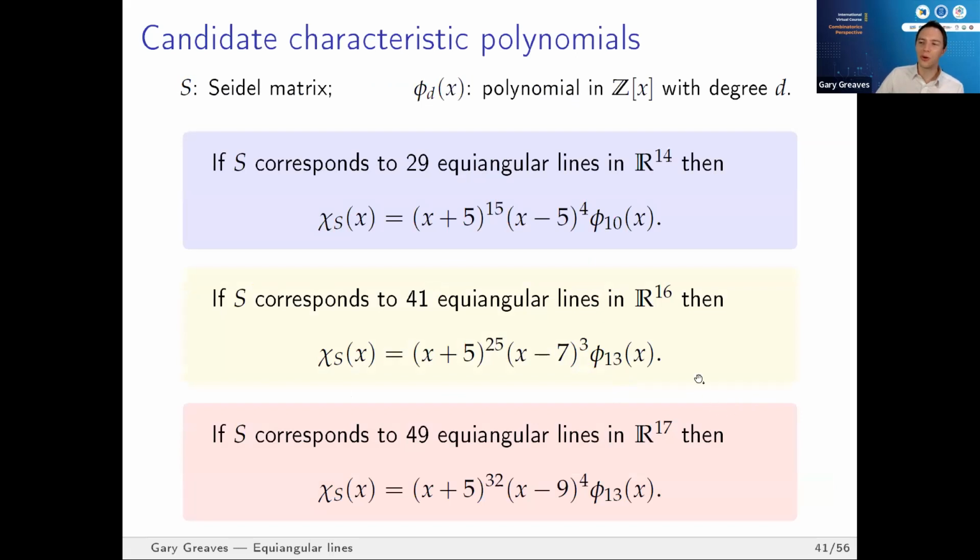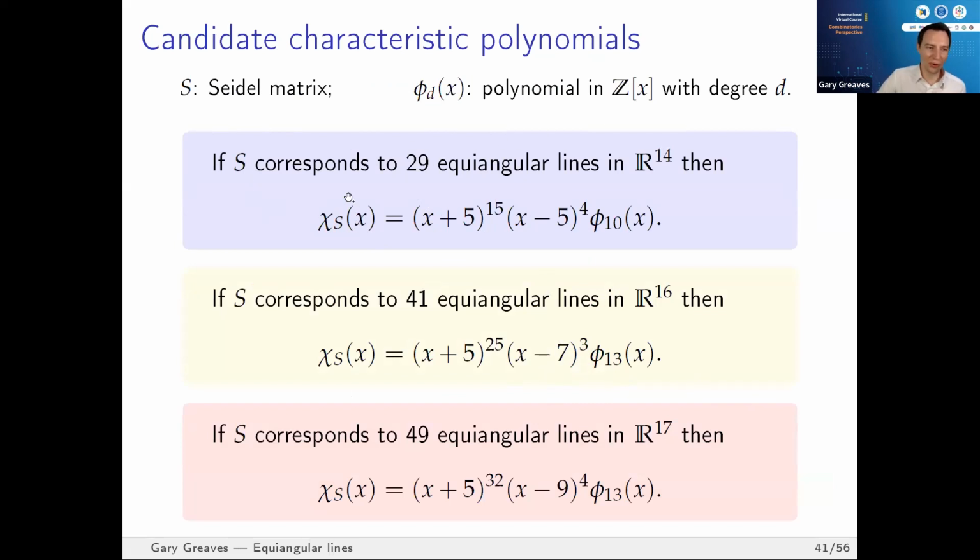Okay, so in order to do this, we can employ techniques like the relative bound, push them a bit further to tell us a bit more about the spectrum. So on this slide, I have that S is a Seidel matrix, and phi of x is a polynomial of degree d, an integer polynomial.